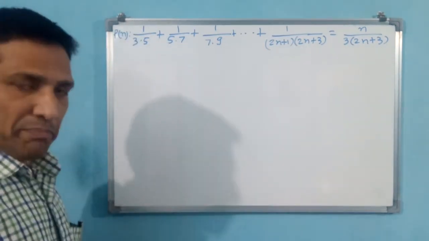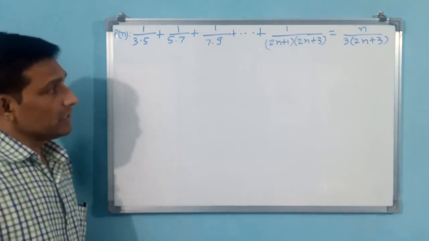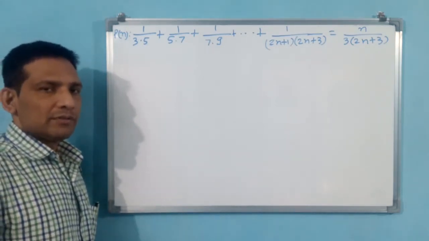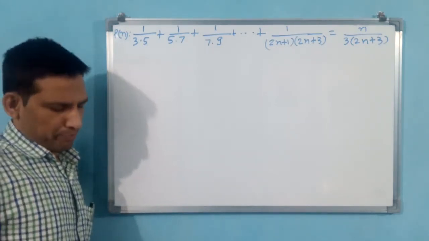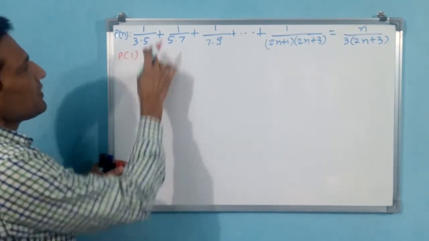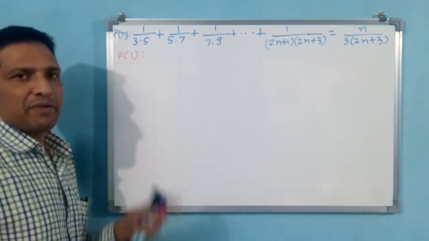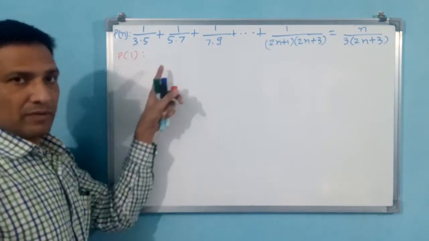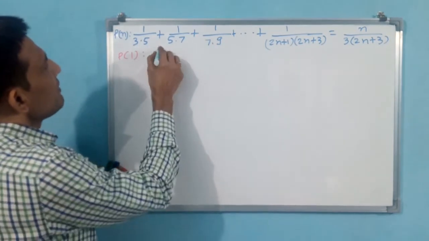Second step. Now what I am going to do, I am going to find P of 1. As you know, P of 1 means I have to take the first term, 1 by 15, since 3 into 5 is 15.